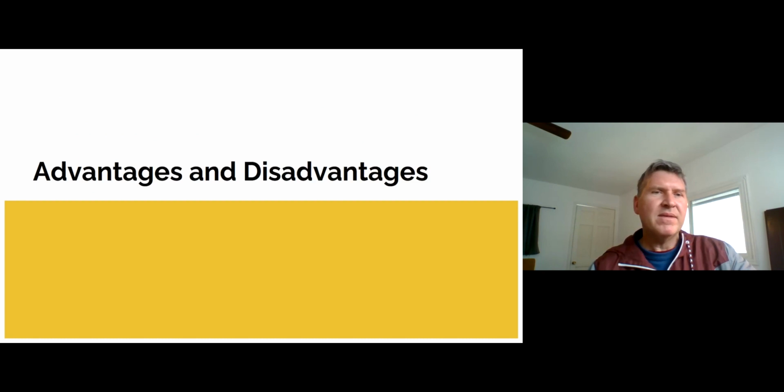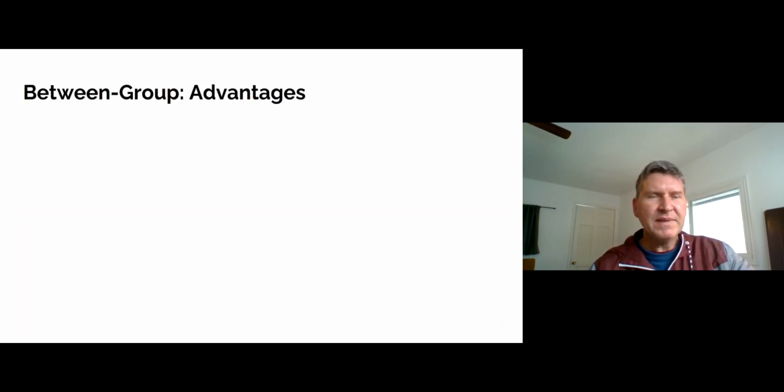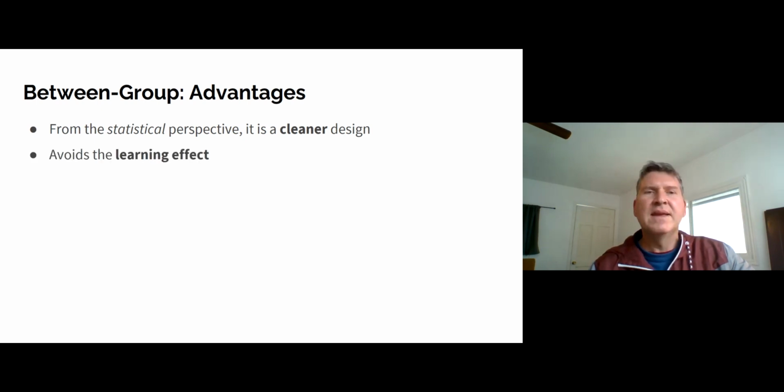So let's talk about the benefits and detriments of each one. So the between group, the advantages are that it's a cleaner design. The between group is where we have 3 times as many people, but they're each doing one task. So it's a cleaner design because we don't have to worry about certain types of biases. So it avoids what we call the learning effect.